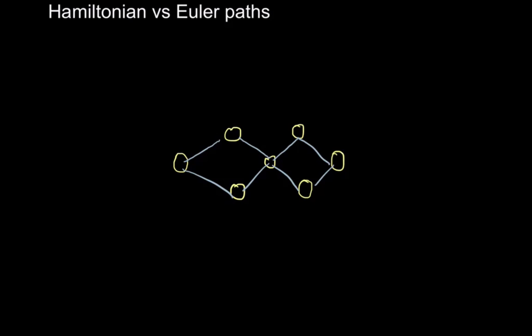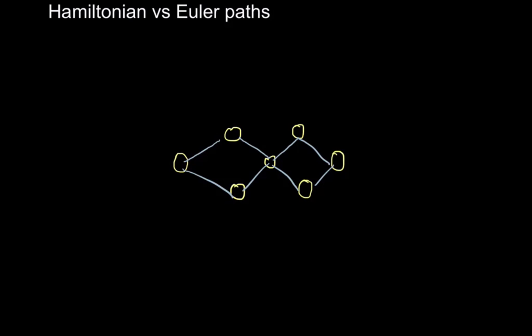However, if you draw a different type of graph, and you draw edges on the graph, here, here, here, here, like so, then what you're going to have is a different Hamiltonian path versus an Euler path, and I'll show you how that's going to work right here.